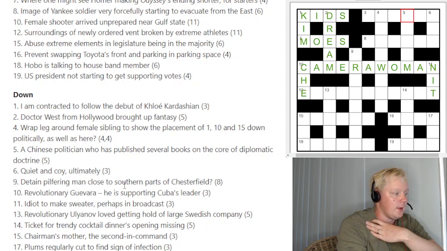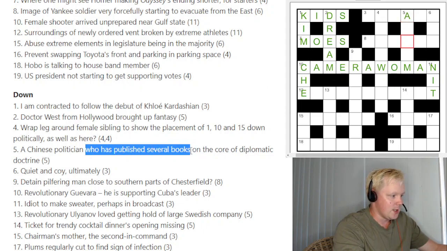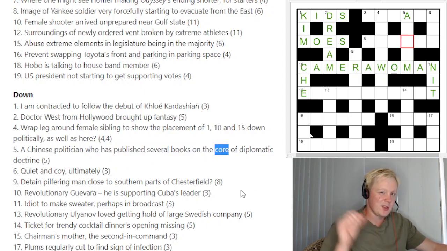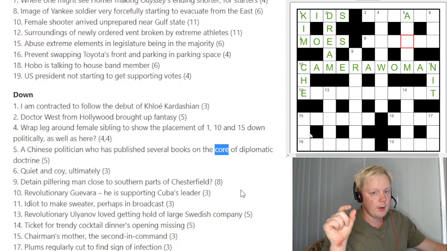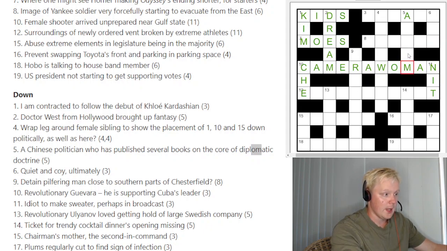And here it's important because the A is just plainly in the answer. So A is this A here. Then we need a Chinese politician. And then whatever this is, the core is an indicator, which means the middle letter or letters of a word. So diplomatic is an even length word. It's a 10-letter word, so we are going to have 2 central letters, O and the M, 4 letters on each side. And that fits here, O and the M here.